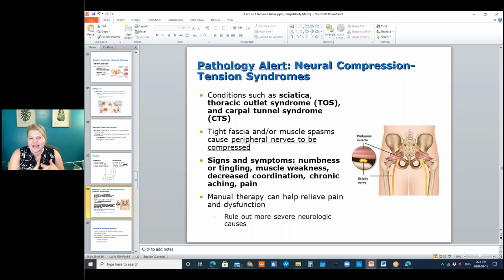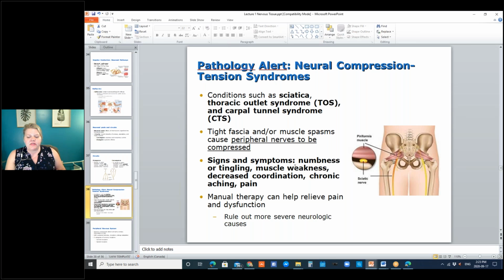Chronic aching and pain is also associated with nerve compression. A manual therapist can be a godsend for these types of things, because you can relax muscle or reduce the tension on tight fascia, then the compression on the nerves is relieved and the symptoms will go away.